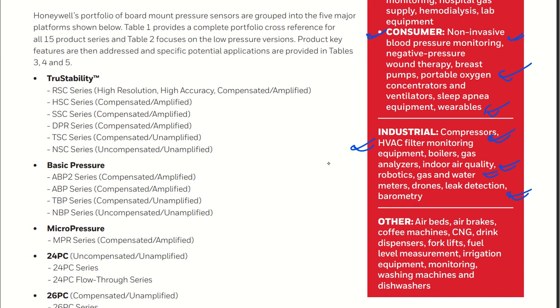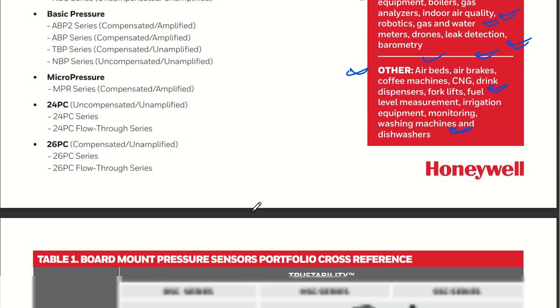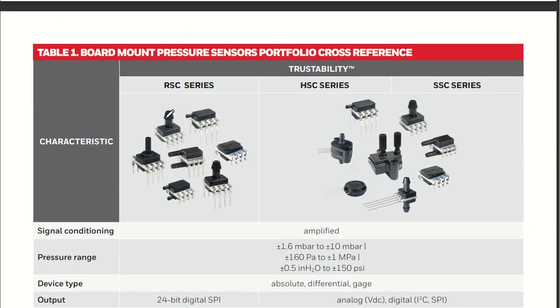Gas and water meters are also there. We have others like air brakes in vehicles, like lorries. Then we have level measurement, and washing machines and dishwashers pressure monitors. Okay, and these were the different pressure sensors available with Honeywell. Just now I talked about the cross references and their characteristics.